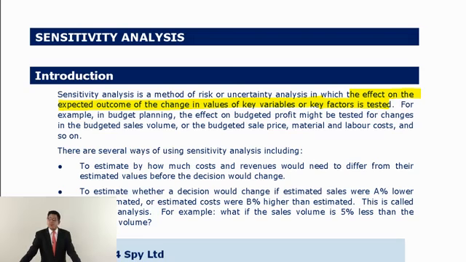So for example, when new products are launched, we are expecting to launch the product at a selling price, and the hope is that our selling price will be appreciated by the customers. But what if another competitor jumps in the market and we have to drop our price?